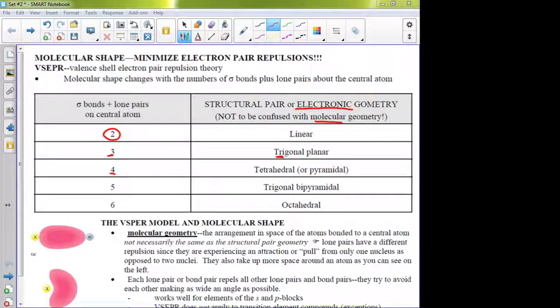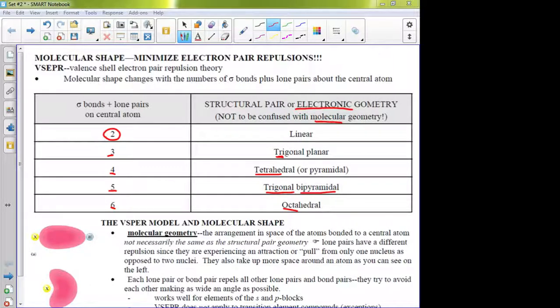If there's 4 areas of electron density, it would be tetrahedral, because tetra means 4. If there are 5 areas of electron density, it would be trigonal bipyramidal, because 3 plus 2 is 5. And then if there's 6 areas, this one's the one where it gets a little funky. It's called octahedral because it gives it 8 sides. Okay, so that's why it's called octahedral.